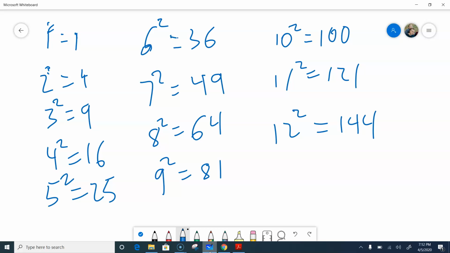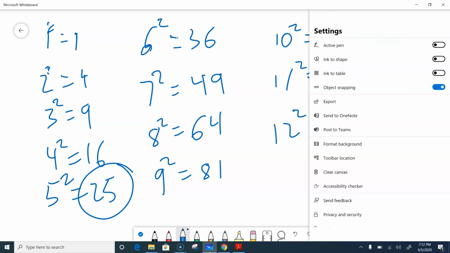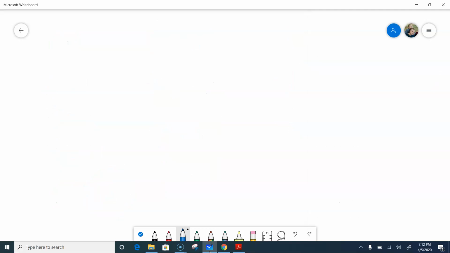The idea here is to find, in these perfect squares, the biggest perfect square that divides evenly into 75, and I find it here. Okay, so what I do with 75, let's see. So when I have the square root of 75, I find that 25 is a factor of 75.